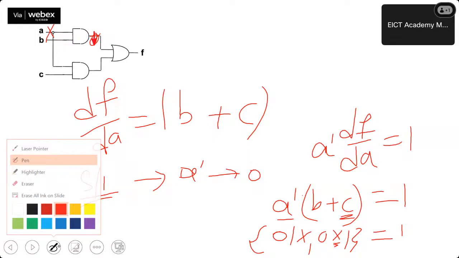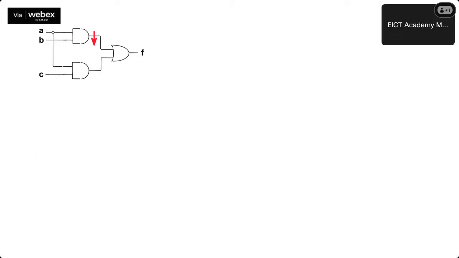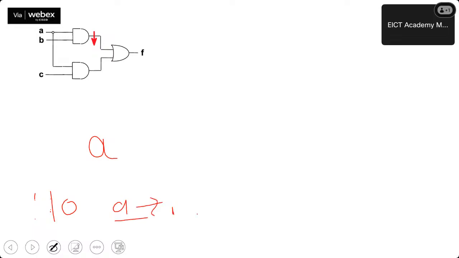stuck-at-0 also. So if you want to take it for stuck-at-0, what you have to do? Making it stuck-at-0 means your job is to make A equal to 1. A equal to 1 means it is the prime.